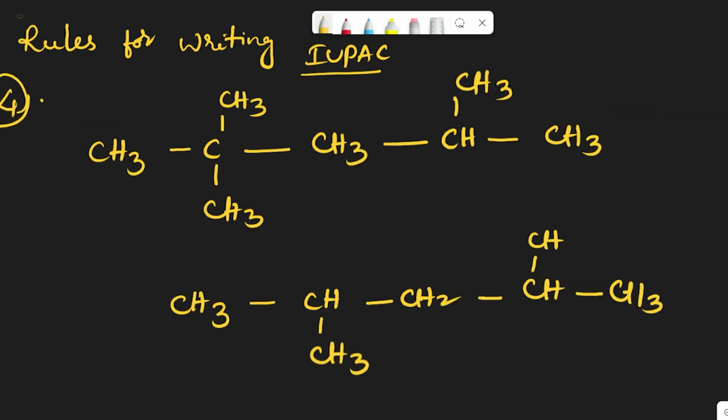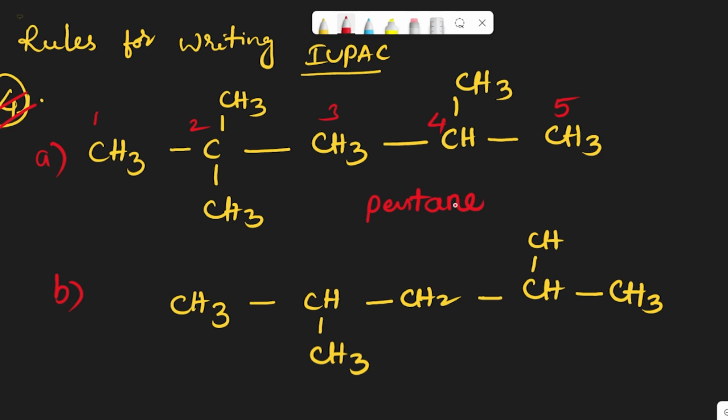Now, what is the fourth rule? Let us see. Here the compounds are given. Let me write the numbers of the given compound: 1, 2, 3, 4, 5. Obviously 5 carbons are there, so it is pent, and all are single bonds, so it is pentane.